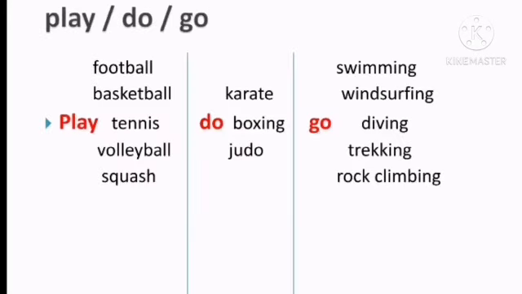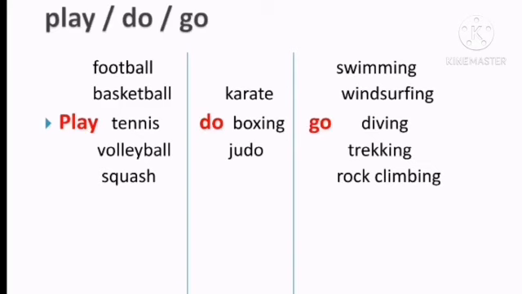Okay, now let's differentiate among three verbs. We have play, do, and go. We use play with words like play football, play basketball, play tennis, play volleyball, and play squash.